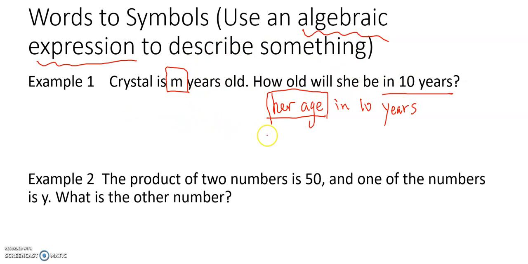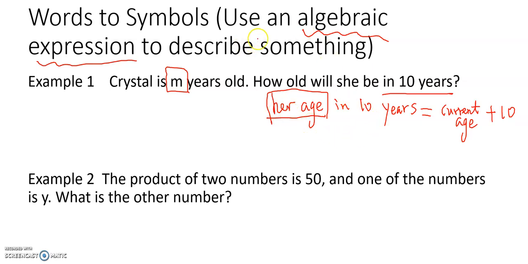So this is sort of like a formula. In order to find anybody's age in 10 years, it's going to be equal to current age plus 10. So you're just going to add 10 to whatever her age is. So this is really a formula. If you describe it in an English sentence, you just say, okay, add 10 to your current age.